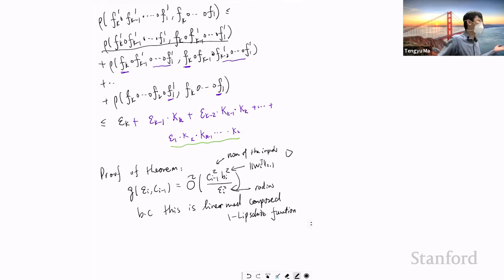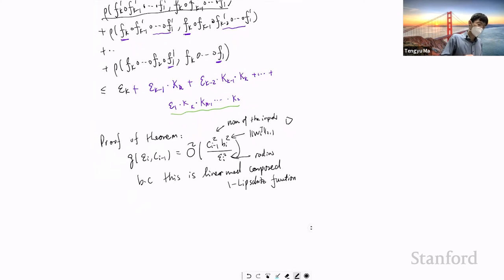This is what we had last time, the lemma about the log covering number of linear models. We didn't prove it, but we plug it in.